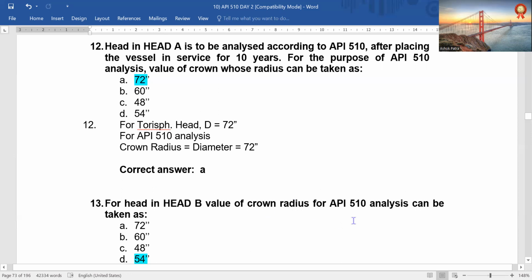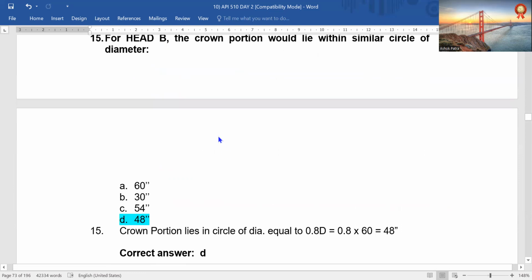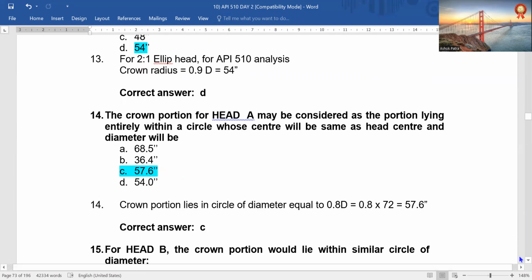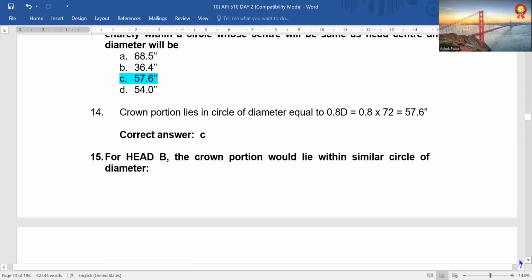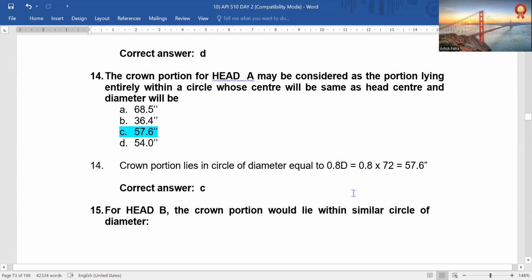Then head B. Crown radius for API 510 analysis can be taken as elliptical head, 0.9 of D, 54 inch. That is the crown portion. And head B, crown portion would lie within a similar circle of diameter 0.8 D, 48 inch.